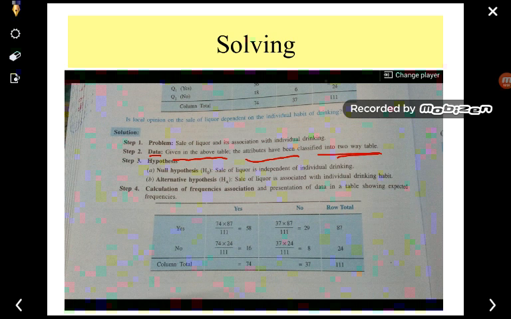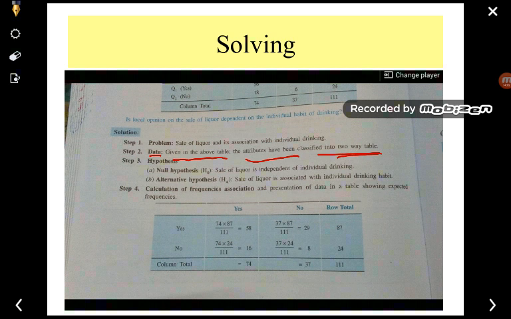There is no relation between the individual drinking and the sale of liquor, so they are independent.